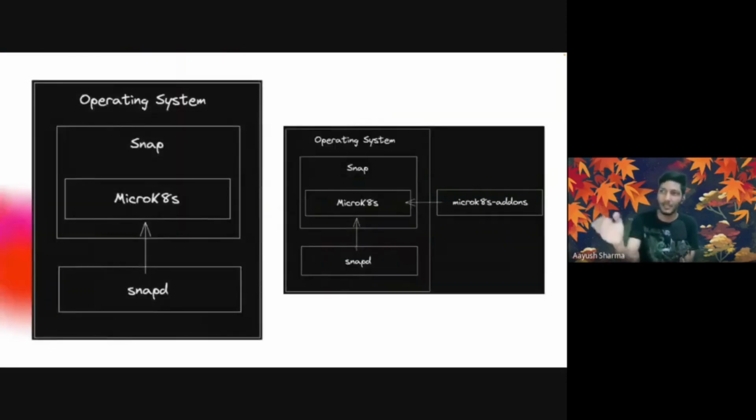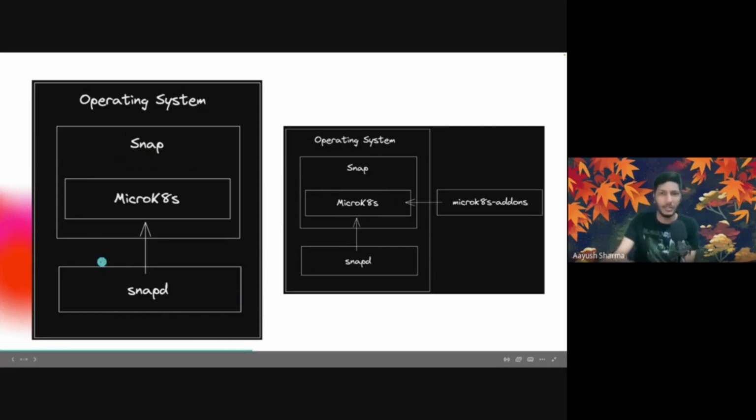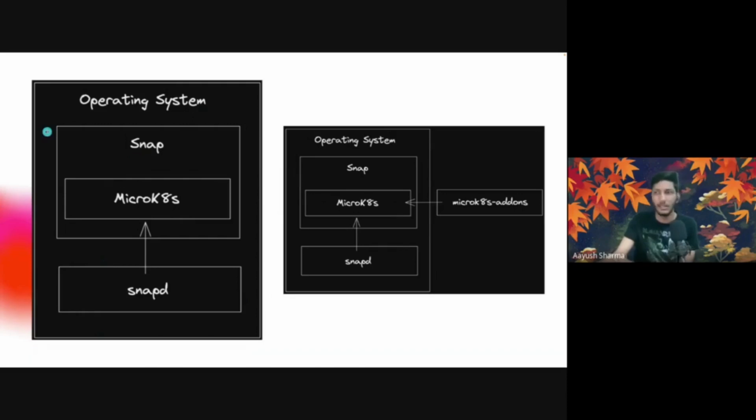I have a basic implementation diagram to explain how MicroK8s works. Let's say this is the operating system you have, and using Snap, you install MicroK8s on your local system. Now, snapd is the interface between upstream Kubernetes and your Snap, or MicroK8s, node.